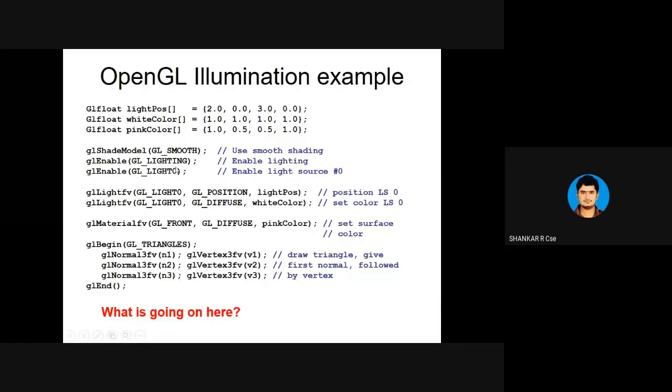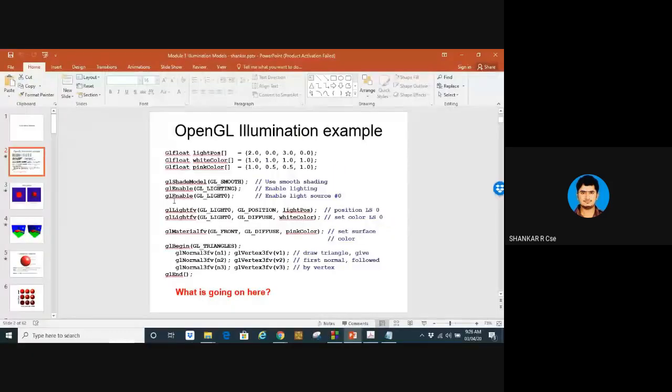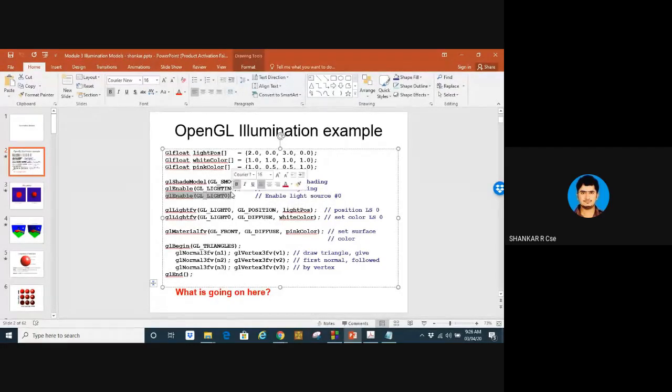These two are enabling the light properties and the light source, position, diffusion, and some 50% knowledge you're able to understand, when compared to an hour back, when it was totally Greek and Latin. Now we have understood what diffusion means, what specularity means, what light source, lighting, and smooth shading, rough shading mean.